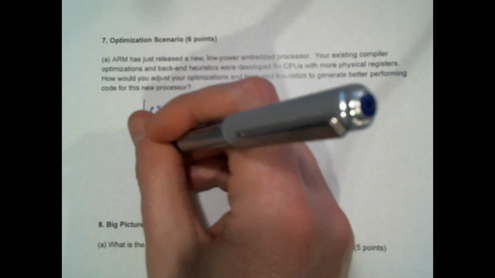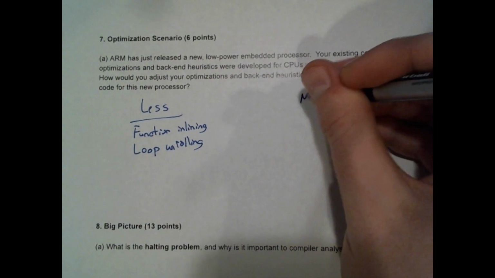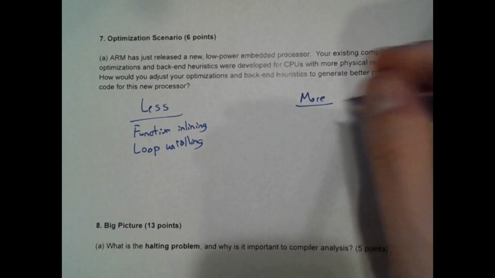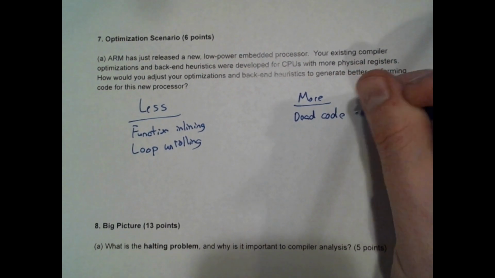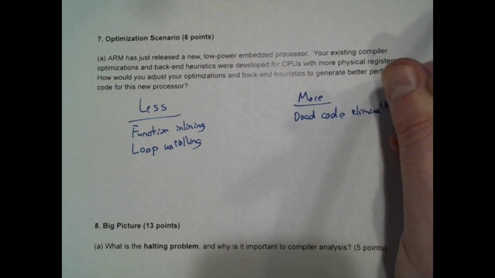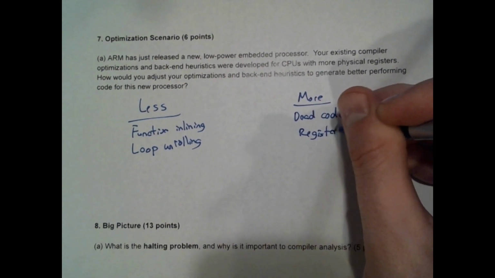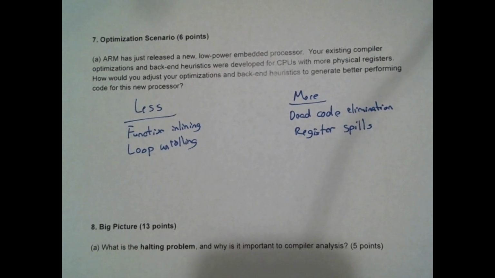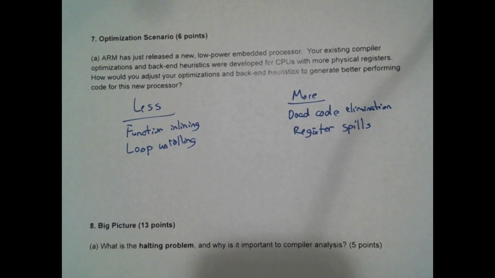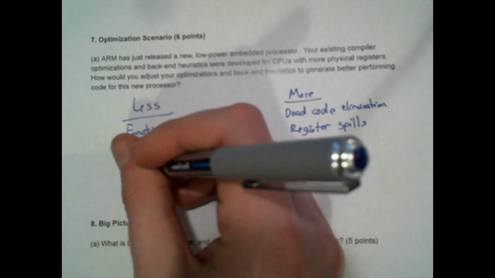And less loop unrolling. We might want more of things like dead code elimination, more register spills potentially, more stuff stored on the stack in general. We would want less aggressive scheduling.